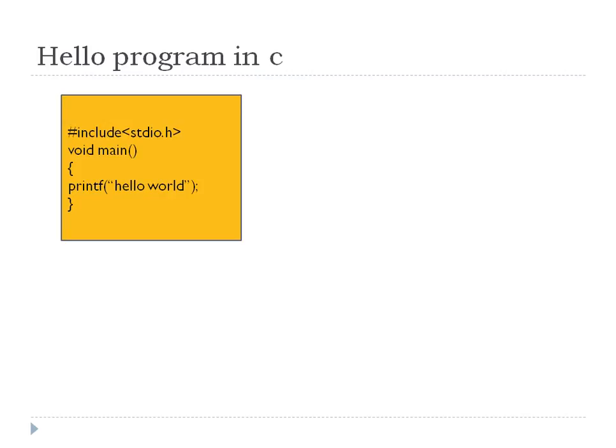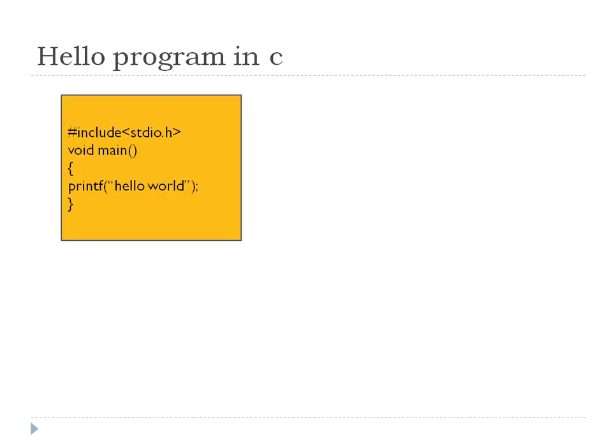So if we explain this program structure, the first line includes the header file stdio.h. Why are we including this header file? Because we have used the function printf, and we have not defined this function. So we are using this function from a C library, and stdio.h provides the function definition.